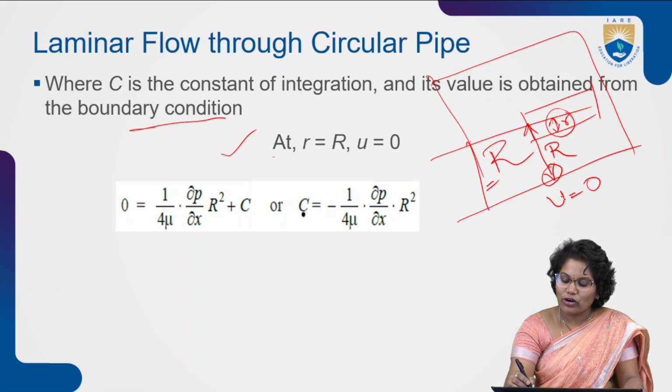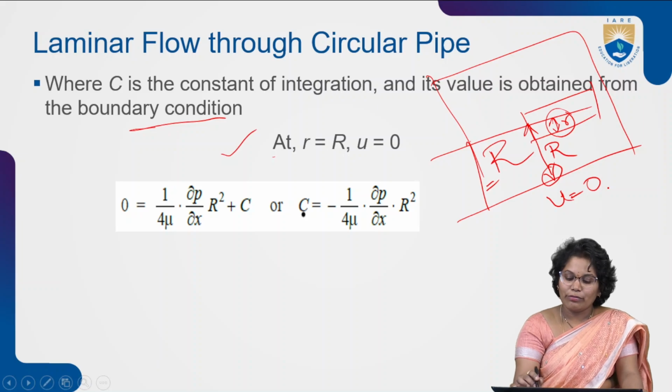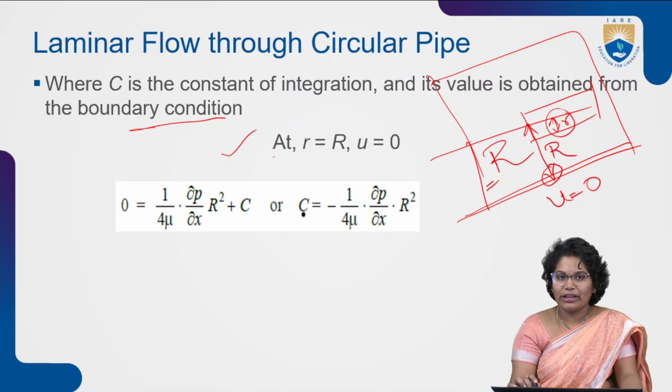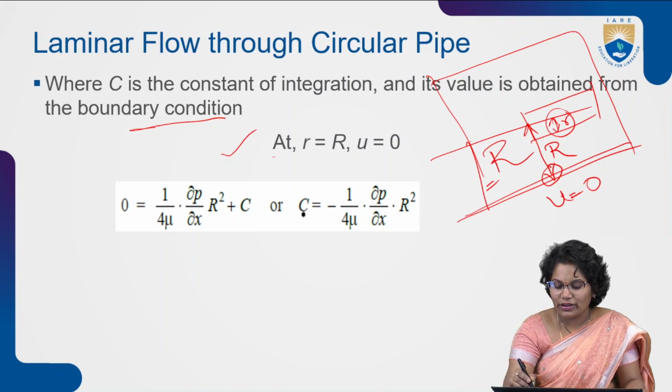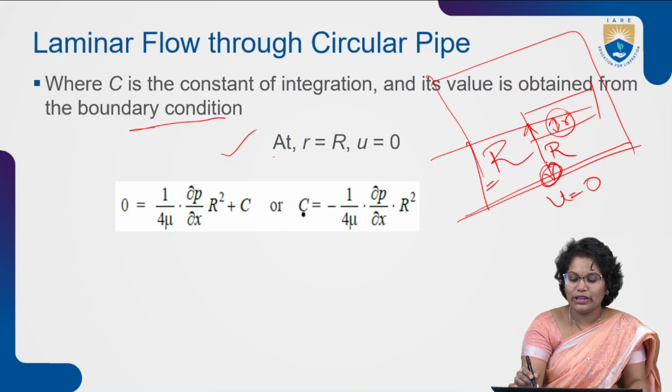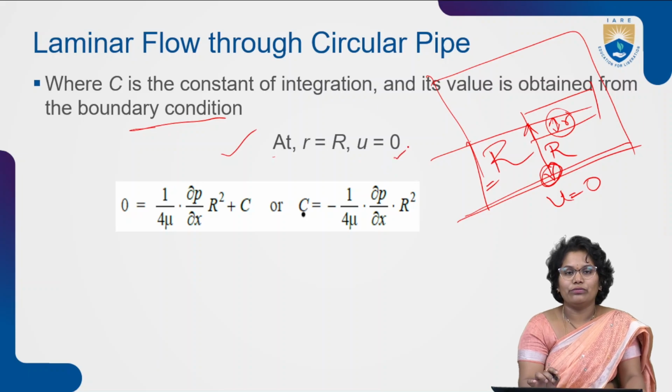We know the velocity is 0, because at the boundaries, due to friction, there is resistance to the flow offered by the solid boundary. So at small r equal to capital R, the velocity becomes 0.